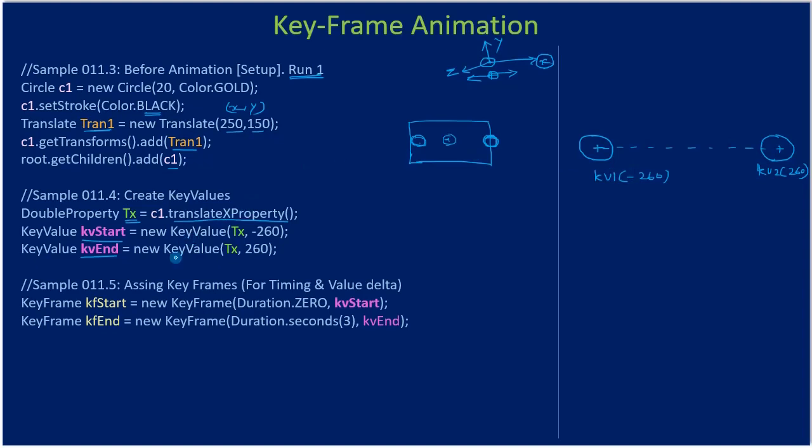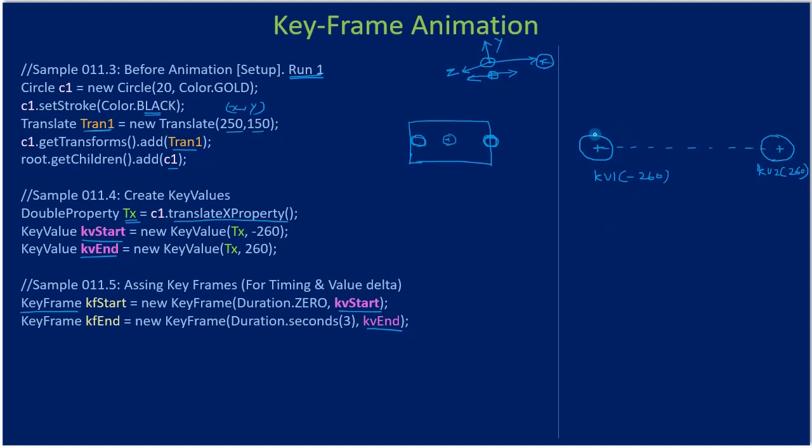After defining the KeyValue, we specify the keyframe using the KeyValue, and if you see here we are linking the KeyValue. This is KeyValue end. And if you see, keyframe links the specific time slot in the time frame. In the previous video we explained that, as well as that it will link the KeyValue. So we already created KeyValue and we defined the location, and here we are defining the keyframe.